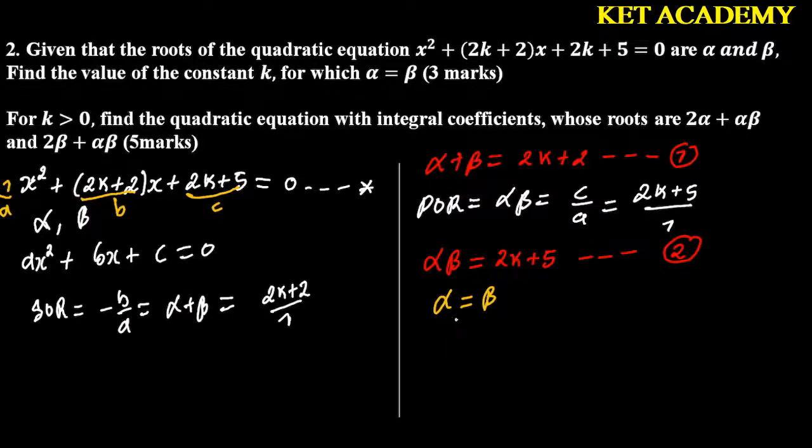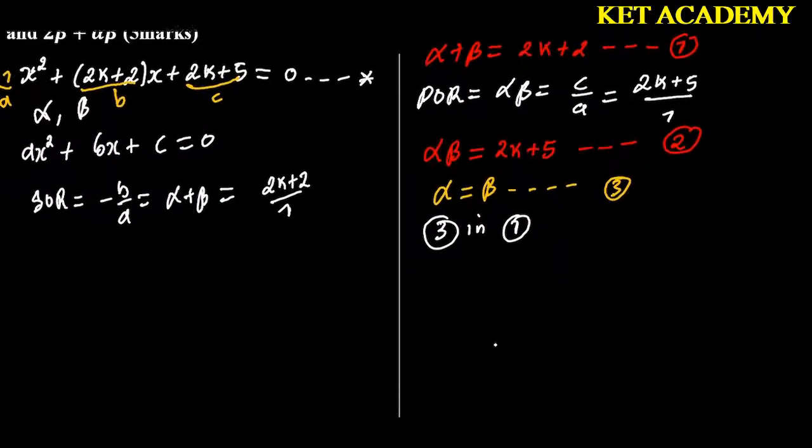So if we call this equation 3, and we substitute equation 3 in equation 1, it means anywhere we see alpha we're going to put beta, or anywhere we see beta we're going to put alpha. I'm going to go with anywhere I see alpha I'm going to put beta.